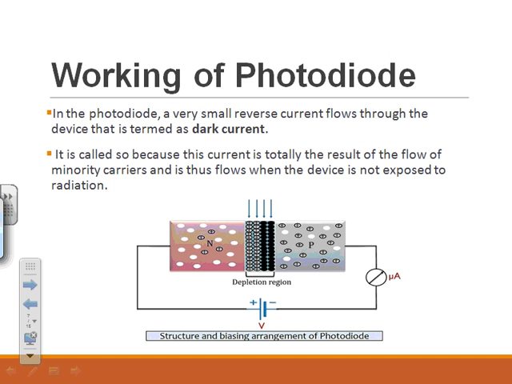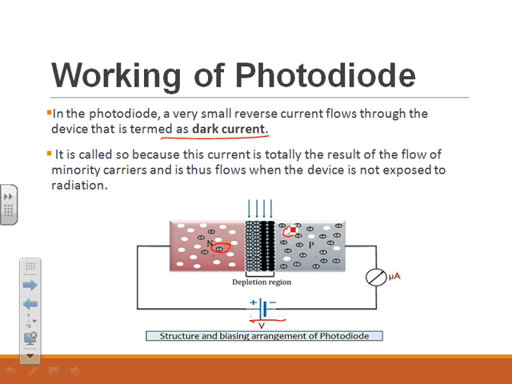Then let us see the working principle of a photodiode. In a photodiode, a very small reverse current flows through the device, which is termed the dark current. When this device is connected in reverse bias mode, a small reverse current flows through the junction due to the minority carriers present in the n-type and p-type material. The minority carriers here are positive charge particles, and here they are negative charge electrons.